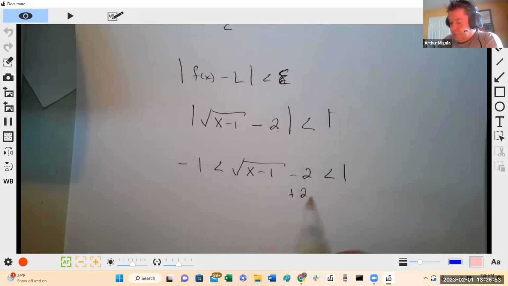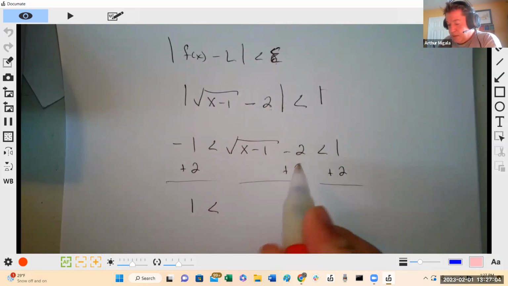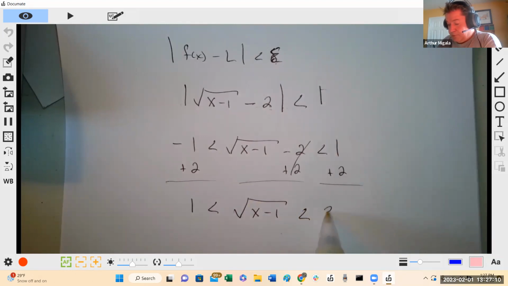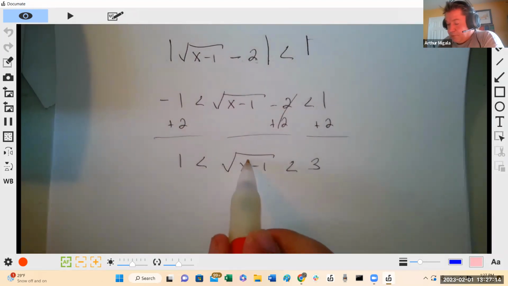So first thing, we add 2 to everybody. Two minus 1 is 1. The 2's cancel there. 2 plus 1 is 3. Remember, we're trying to get to x.